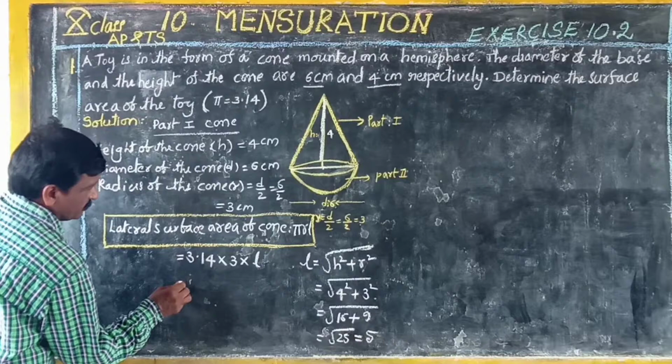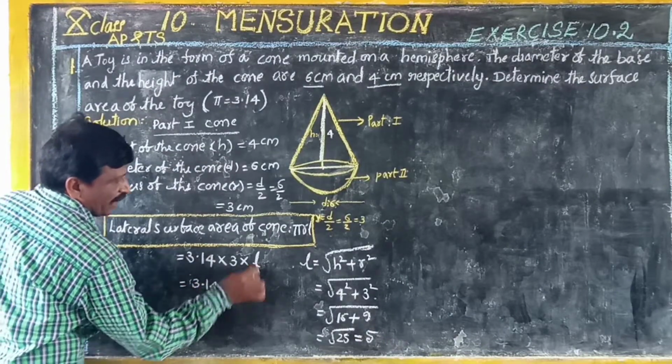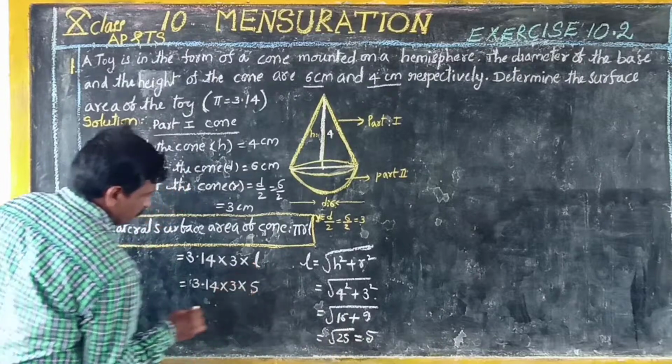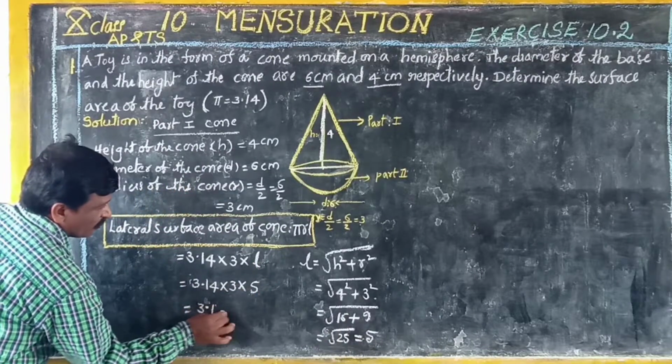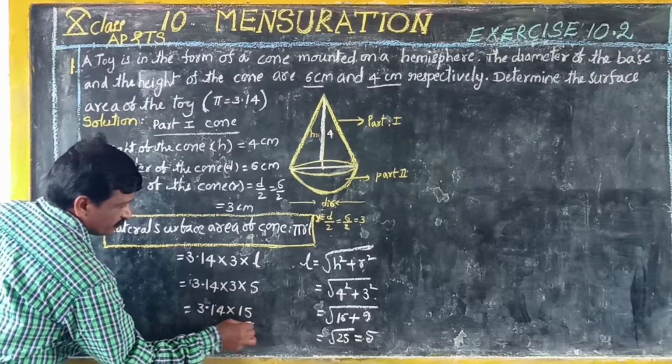L is equal to 5. 3.14 into 3 into 5 is 15.